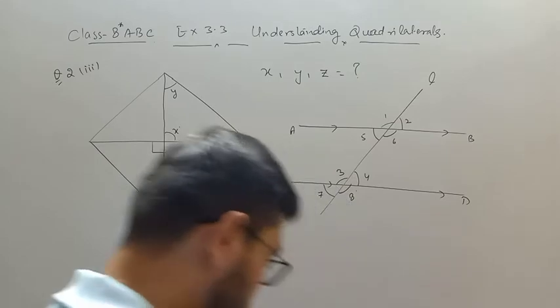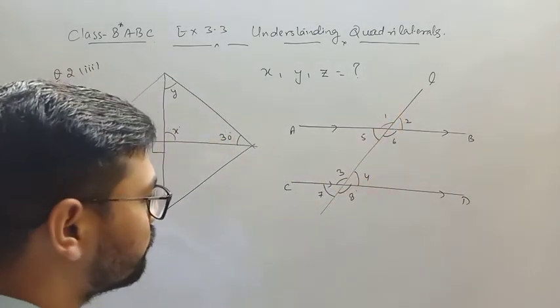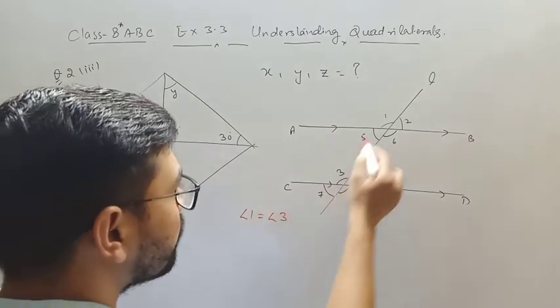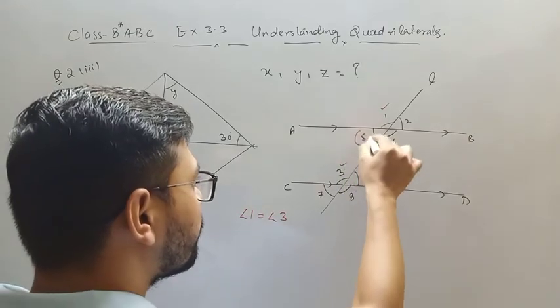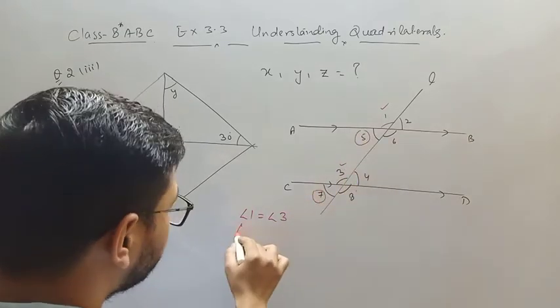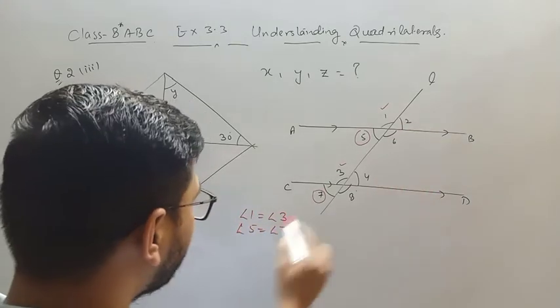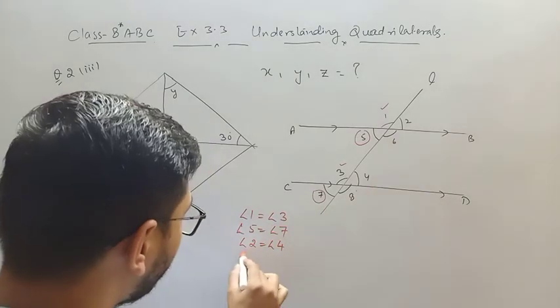Now you can say angle 1 is equal to angle 3. I'm writing here angle 1 equals angle 3. Angle 5 is equal to angle 7. Similarly, angle 2 is equal to angle 4, and angle 6 is equal to angle 8.